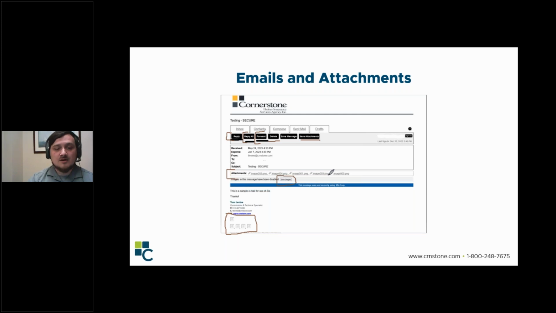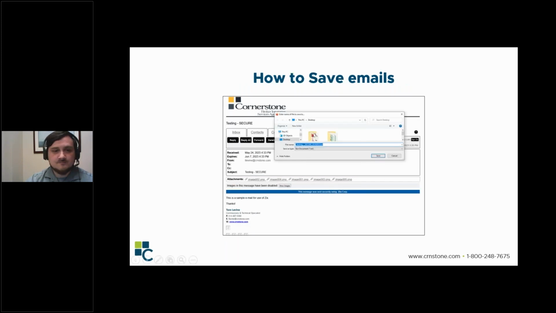But let's say you want to make sure that you can save this view of this screen, make sure you have all the email threads attached, and you want to save the attachments. Well, you'd click on either Save Message or Save Attachments, and then you would get something that looks a little bit like this from Zix. Now, that's just a normal browser window, and it lets you view where files are on your desktop.